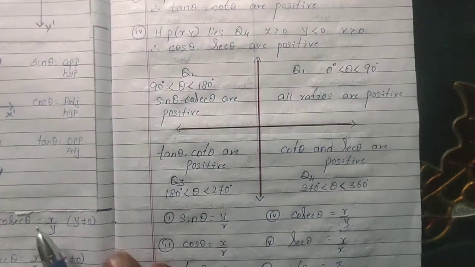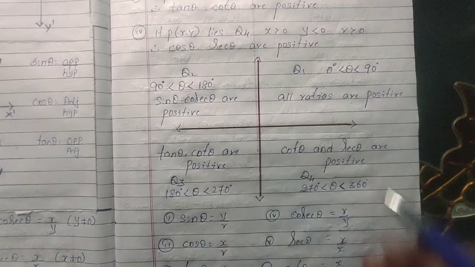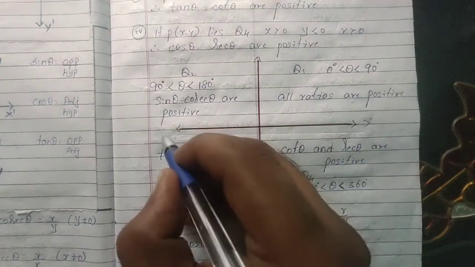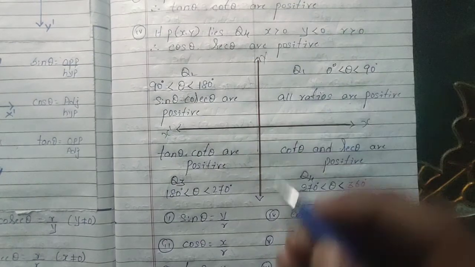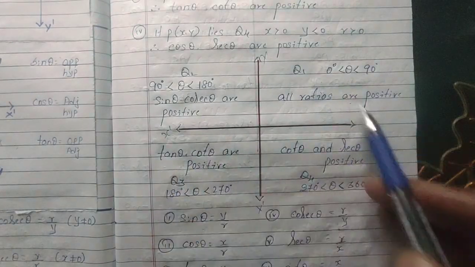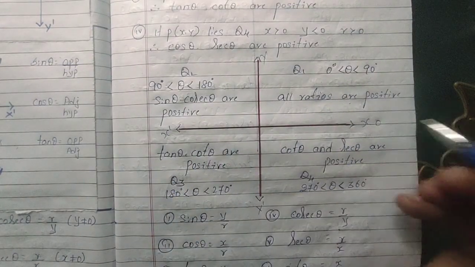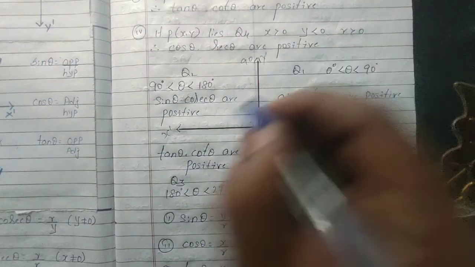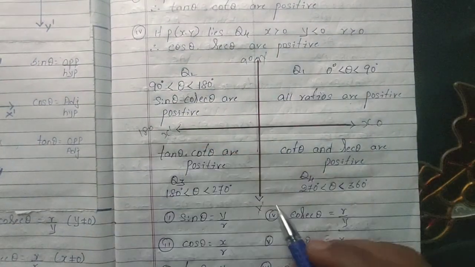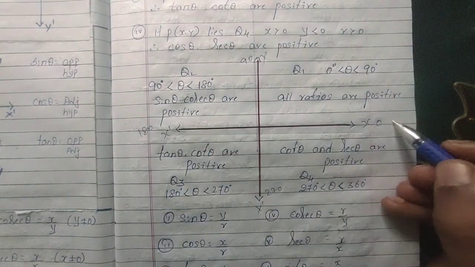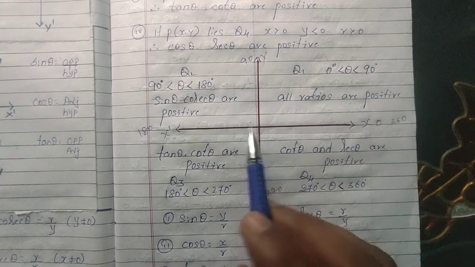So students, if I consider this is the x-axis and this is the y-axis, x dash, y dash. This is 0 degrees, this is 90, this is 180, this is 270, again this is 360.